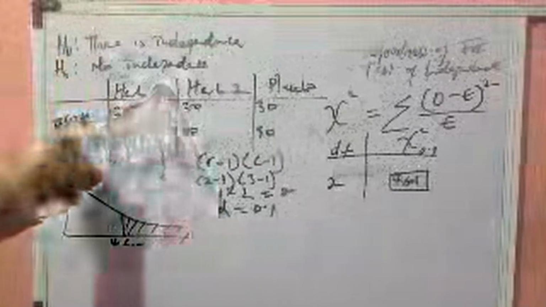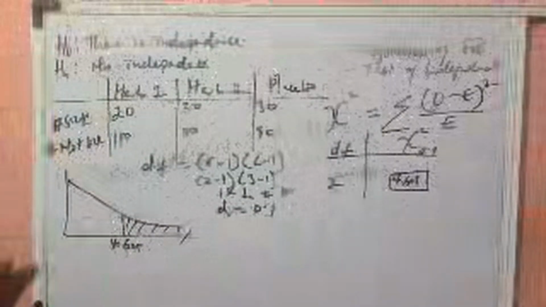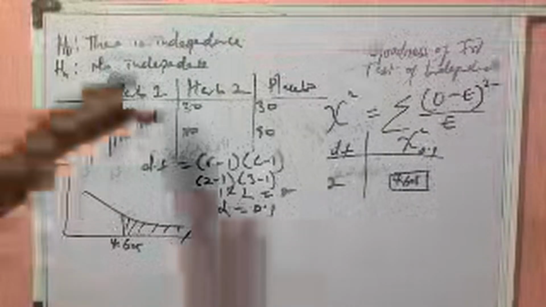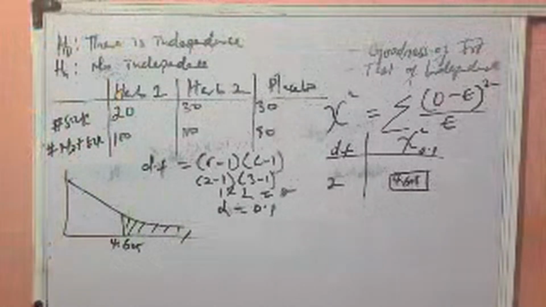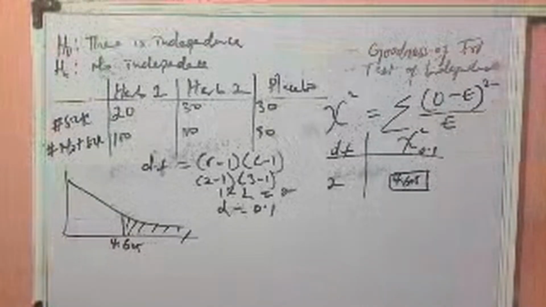So our H naught will be saying that there is no dependency between these two things. That means there is independence. Independence means there is no dependency. Your H naught must always reflect that, meaning that HABs and being sick or not sick have nothing to do with each other. So HABs don't relate to whether someone is sick or not sick. There is no dependency.